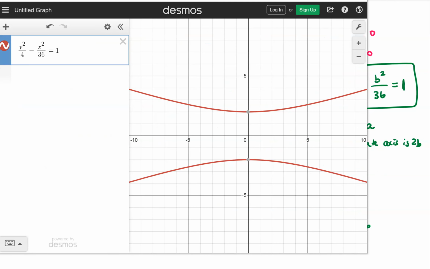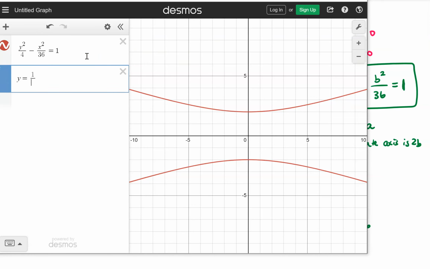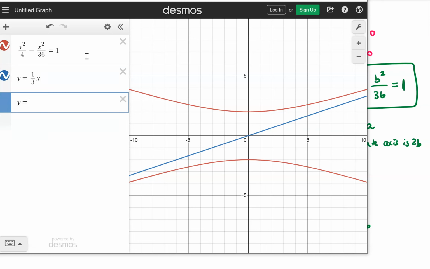I just wanted to quickly show you, I have plotted that equation in Desmos, and notice that we get the graph of the hyperbola that we want. Our vertices are at (0, 2) and (0, -2), and I can also plug in the equations of my asymptotes, and they should align with the graph.